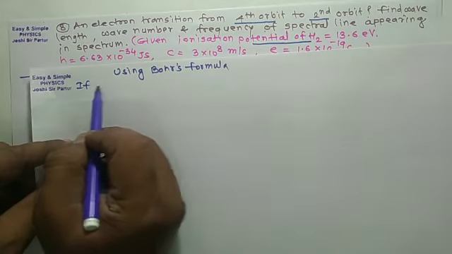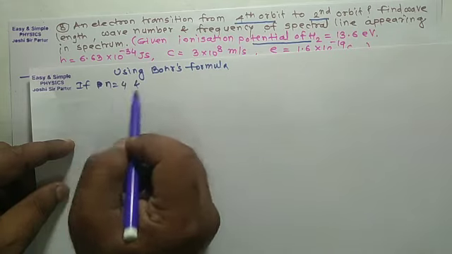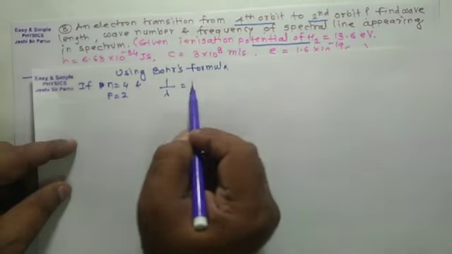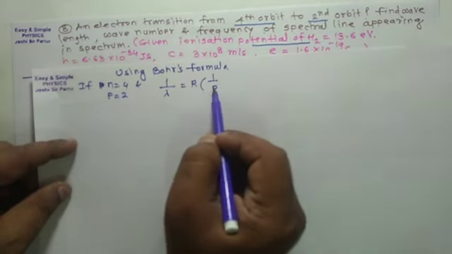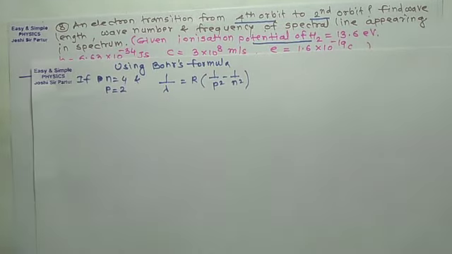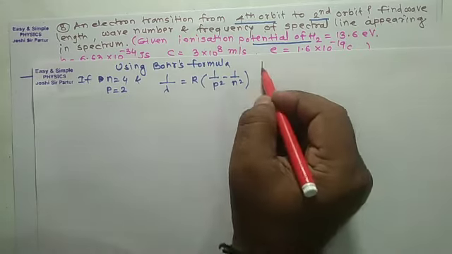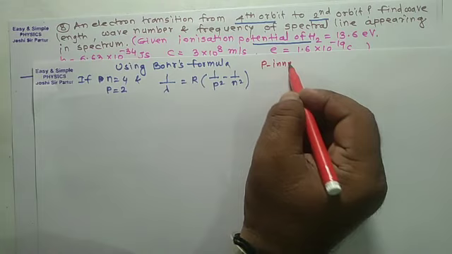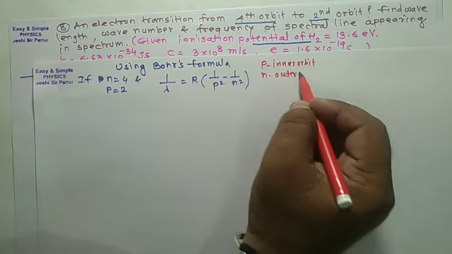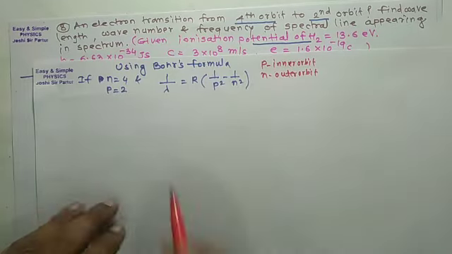If n is equal to 4 and p equal to 2, so we can use 1 upon lambda equal to capital R in bracket 1 upon p square minus 1 upon n square. So we can write as p is inner orbit, n is outer orbit.